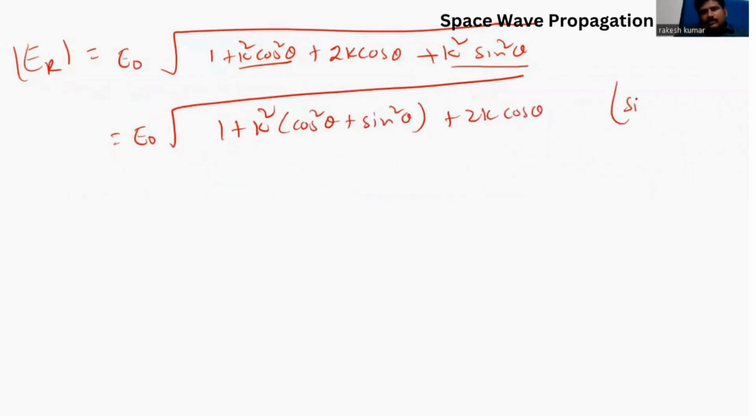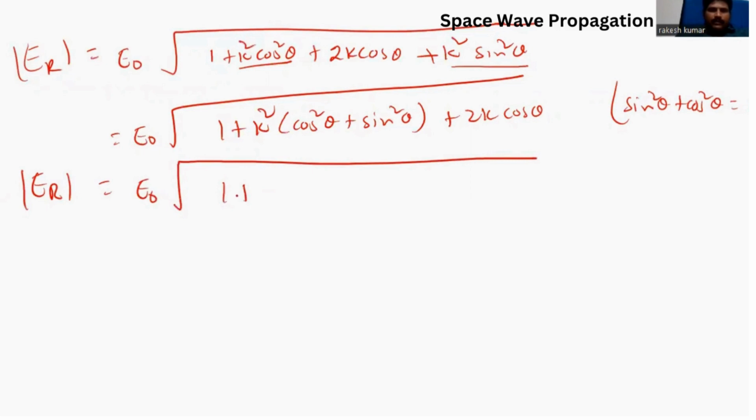Therefore, the resultant electric field ER is equal to E naught into root of 1 plus K square plus 2K cos theta.